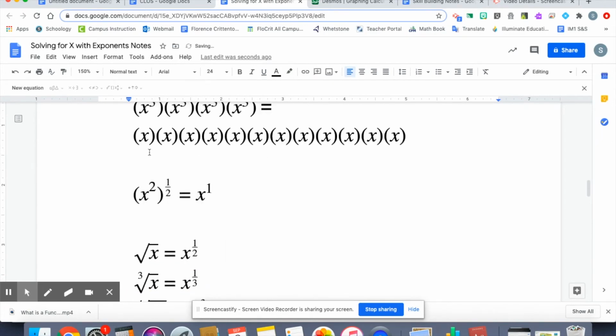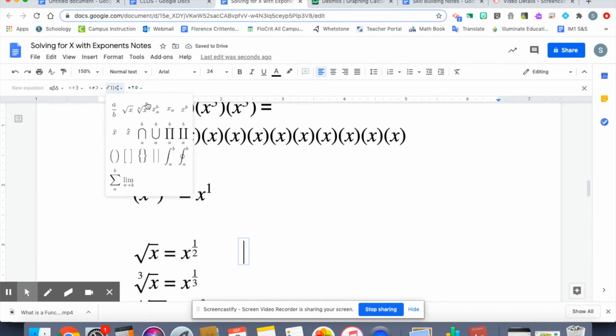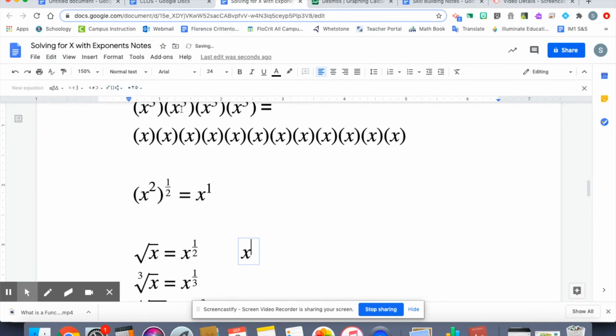If I wanted to take x to the power 1/2 and then undo the 1/2, what can I times 1/2 by and raise the whole thing to in order to make it become 1? Well, the reciprocal. If I flip 1/2, it becomes 2/1.